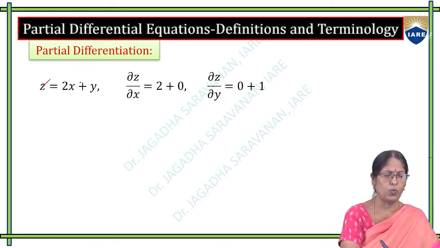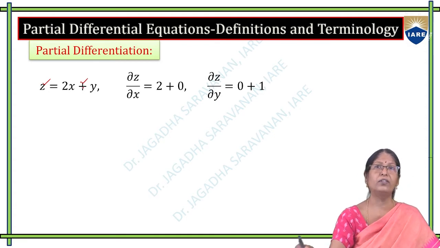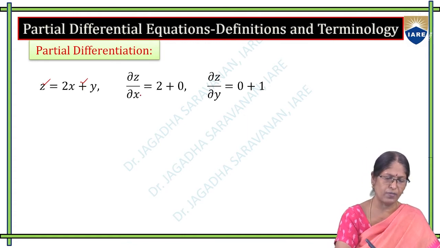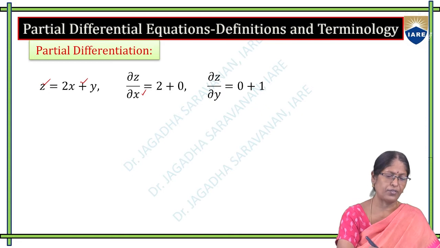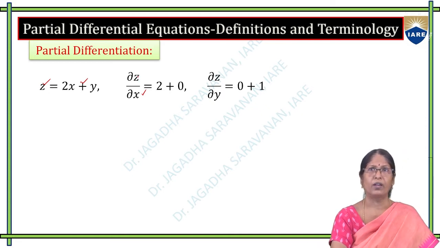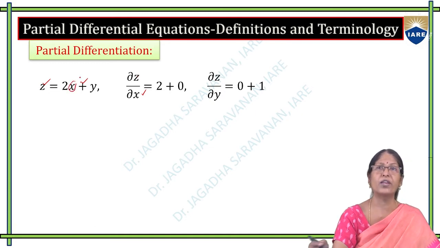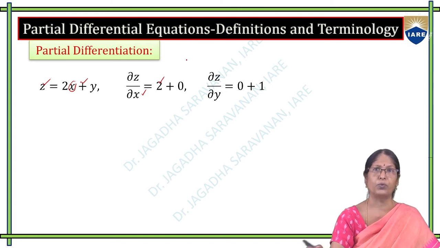Now z equal to 2x plus y. We have taken a function 2x plus y, that is z defined in terms of x and y. So we are differentiating partially with respect to x. When we do partially with respect to x, the left side is dou z by dou x. Coming to the right side, the x differentiation is 1, 1 into 2, which is written here as 2.